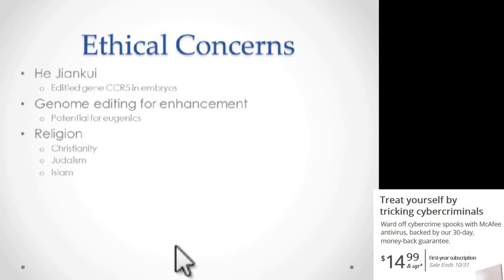So technically, the girls were not going to be resistant to AIDS or HIV. A lot of people were concerned because of the health of the babies, of the girls. They didn't know what potential effects or mutations can occur because of the editing that he had done to them.